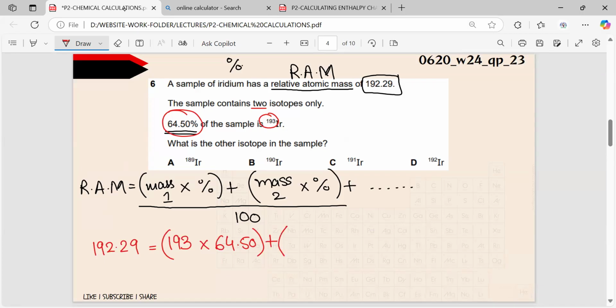Plus. Now it has another isotope and we need to find the mass of the other isotope. How will we do it? The total percentage is 100, so we will subtract 64.50 from 100 and we'll get the percentage abundance of the second isotope.